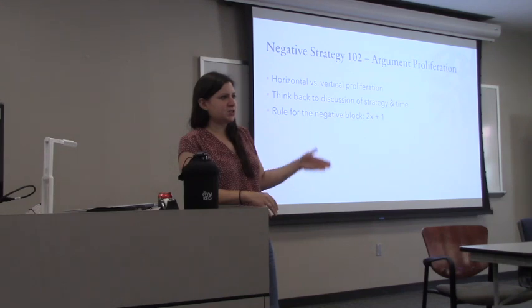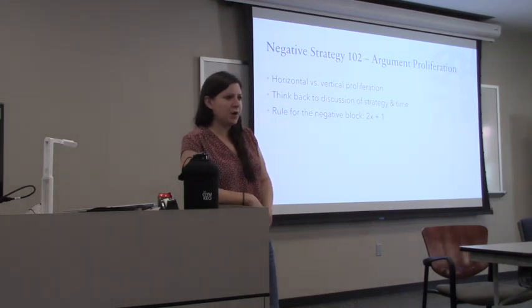And so the next thing, the minimum that we want for each 2AC argument, uses the formula of 2x plus 1. So if the 2AC made 1 argument, how many arguments should you make in response? 3. Good. If the 2AC made 2 arguments, how many arguments should you make in response? 5.